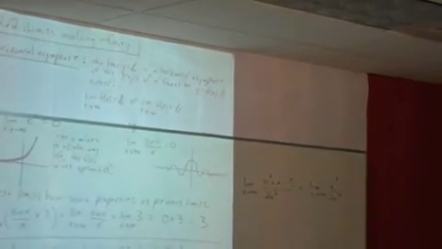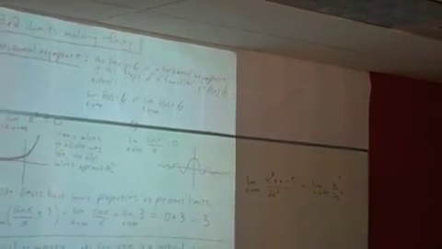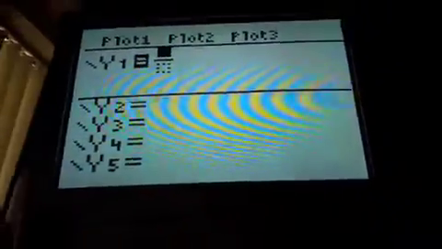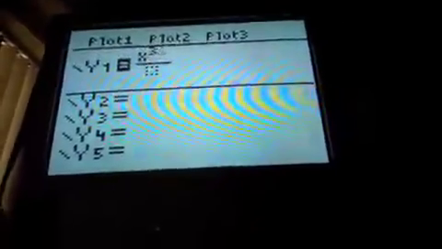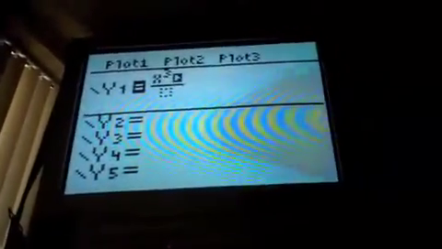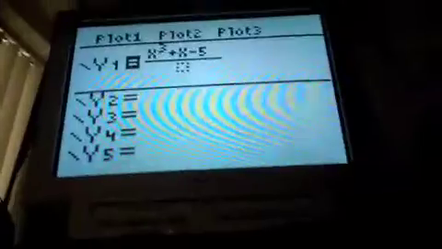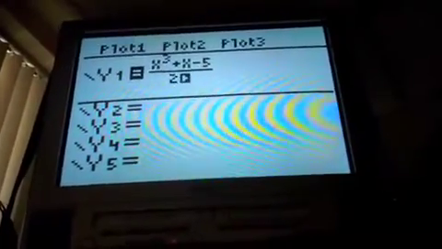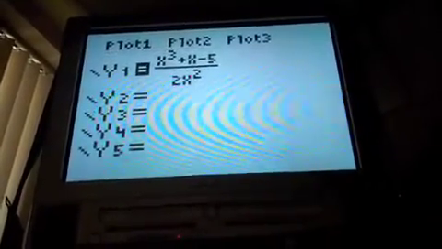Does that make sense what I'm talking about? The fraction without any parentheses. X cubed, it also puts in exponents for you. Plus x minus 5 over 2x squared.